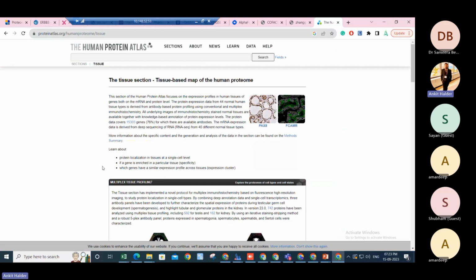So if we go to the tissue section, the tissue based map of the human proteome, different groups try to map the human proteome using different technologies. One uses mass spectrometry based techniques, another uses conventional antibody based techniques, which have their own pros and cons.